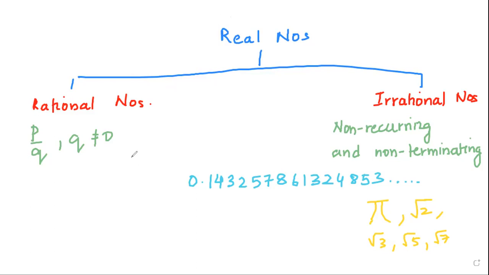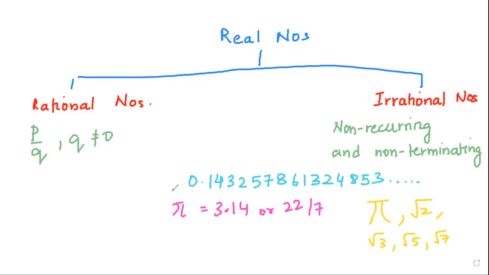So pi, you might not have used it till now, but when you do geometry, usually for calculating area, you take the value of pi as 3.14. Usually the standard is 3.14, or you also take it as 22/7.